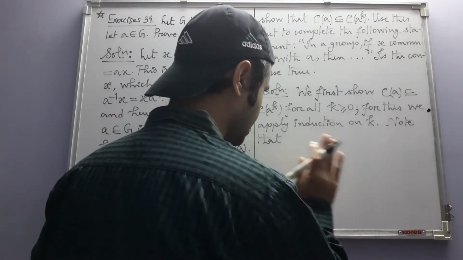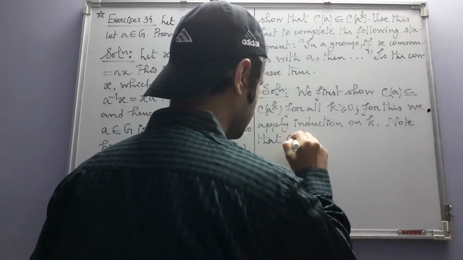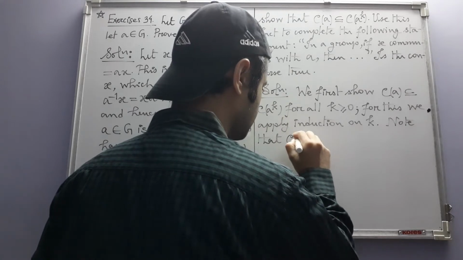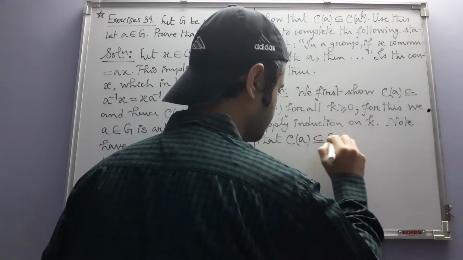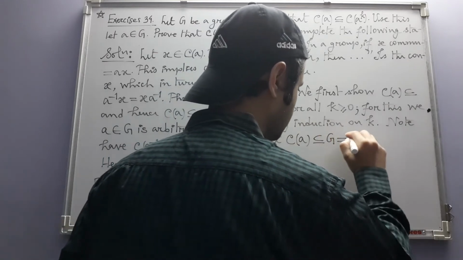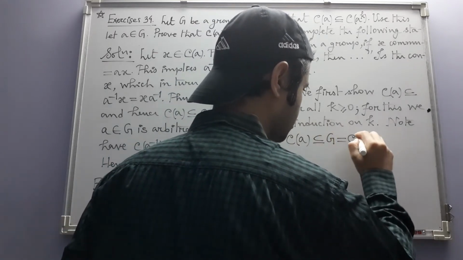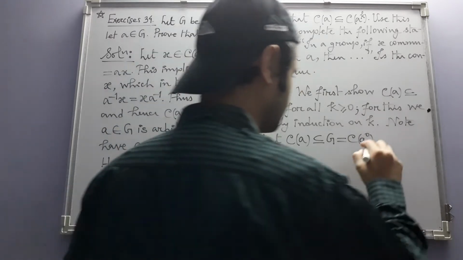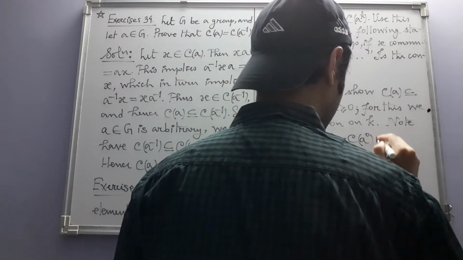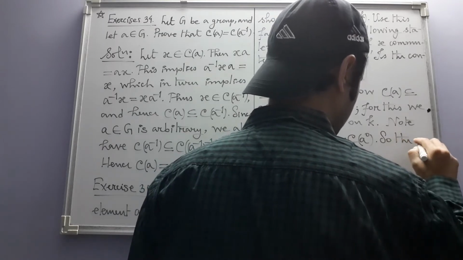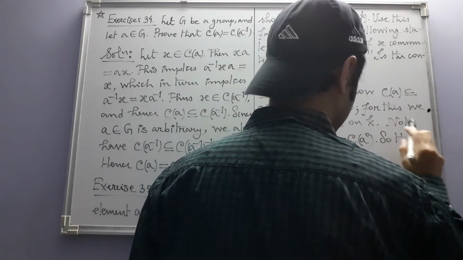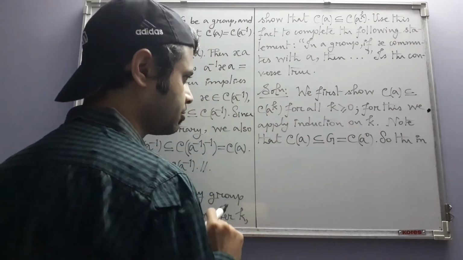So we have this, CA, because it's a subgroup of G, so the inclusion means the inclusion that we want to show.